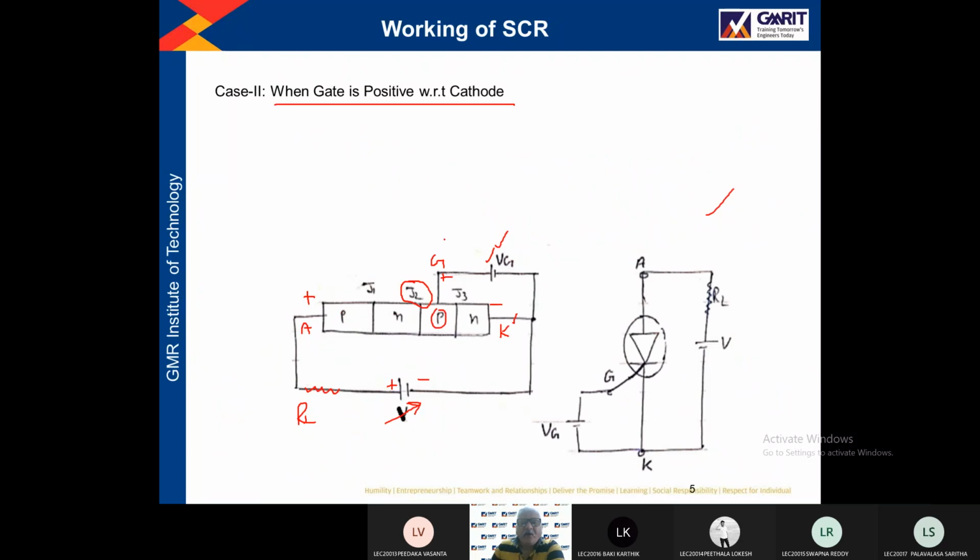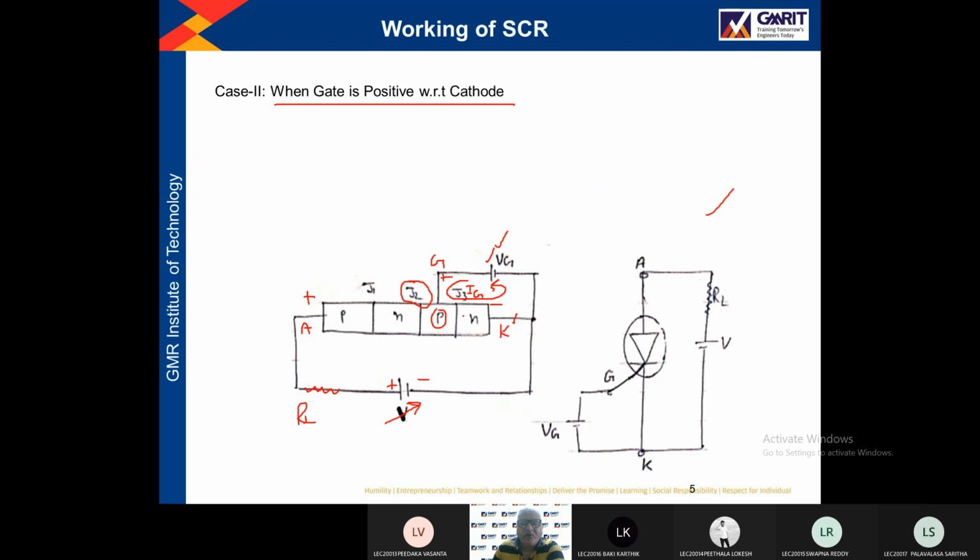But in this circuit, P material is positive and N is negative. This is forward bias. So with this forward bias, some gate current is flowing through this circuit.